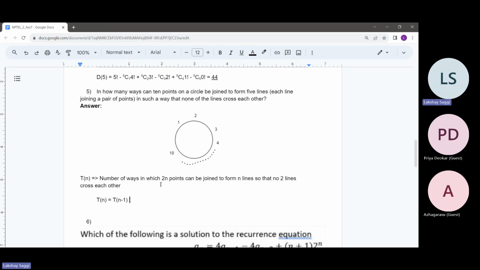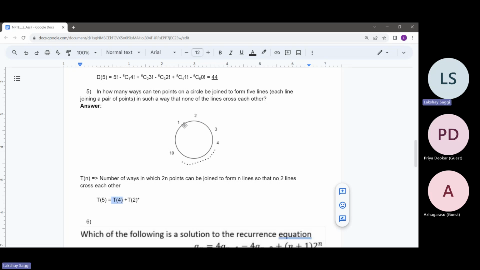So these 2 and 3 can be joined in T of 1 way. And the remaining 6 points basically, maybe I should write it in the form of T of 10 only. So this T of 10 or T of 5, since we need to form 5 lines. So if the first line was between 1 and 2, then it will be this T of 4.